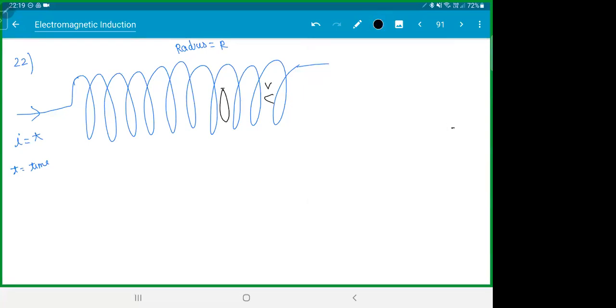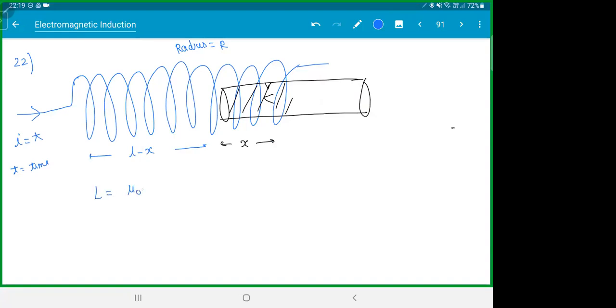Let the rod enter somewhat like this by x. Then this will be L minus x. So you can treat this as two parts. So the self-inductance will be mu naught n square pi r square times the length of the piece, L minus x, plus mu medium n square pi r square times x. Agreed?